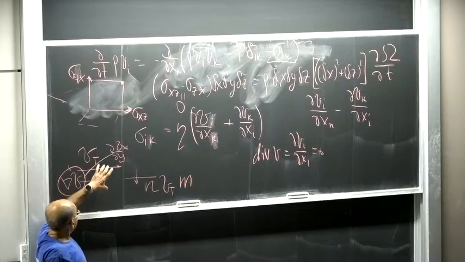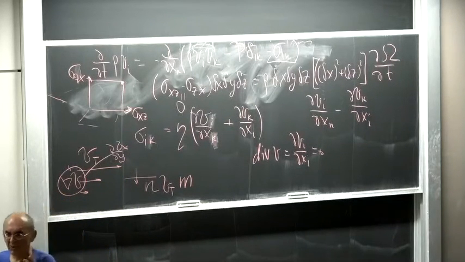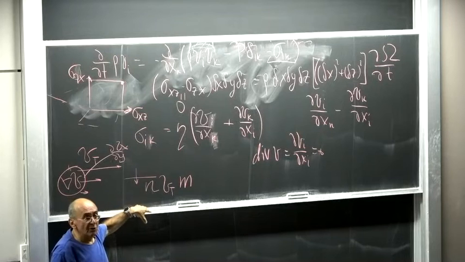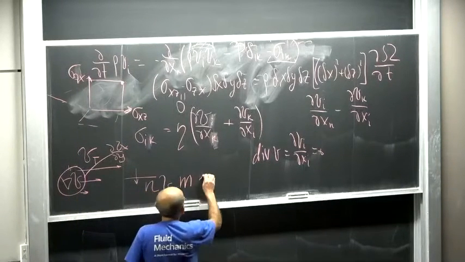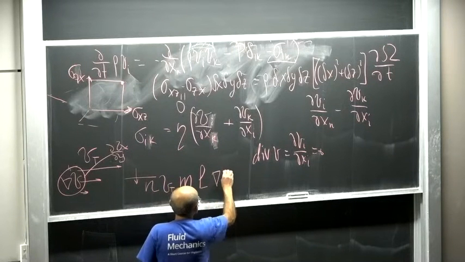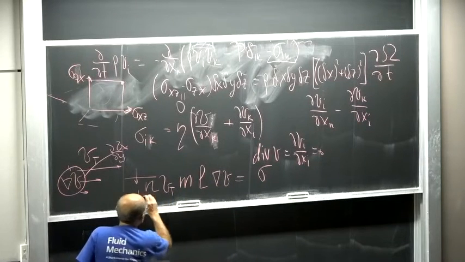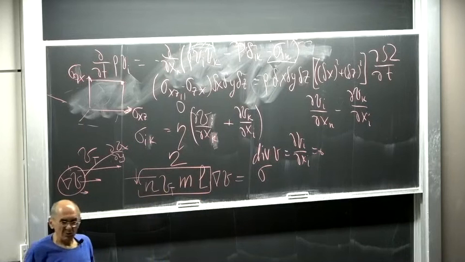But I need to multiply it by some distance to get the velocity difference. What is this distance that I need to take here? Yes, it's the mean free path, because I assume that a molecule would come here, hit another molecule, and transfer the momentum to it. So I need to take the mean free path and multiply it by grad V, and that's my sigma. So all this is my eta, viscosity, okay?